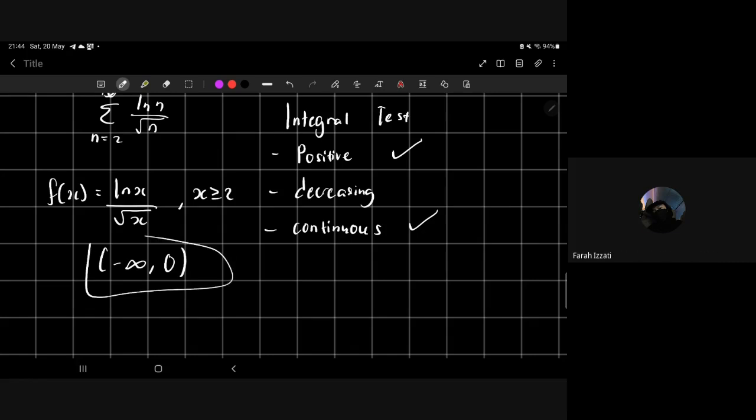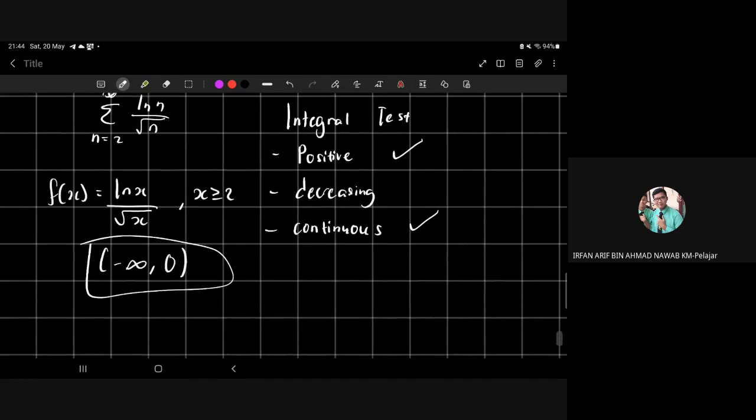There can't be negative values for the square root, also for the ln. But if the ln had an absolute value, then that's a different story. But in this case, there's no absolute value. And also, the square root only takes positive values. So this domain is unsuitable. But in this domain, it is continuous for all x. Therefore, it is continuous. But how do we show it is a decreasing function?